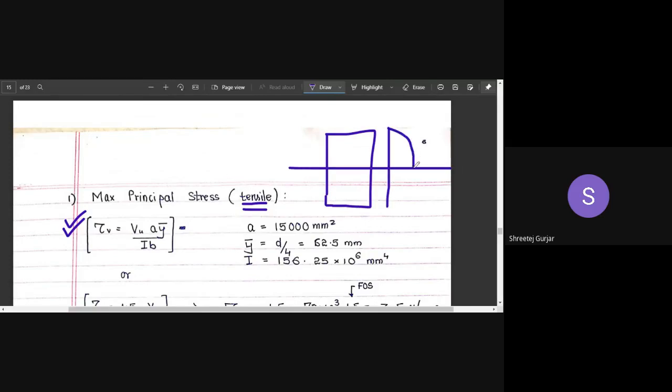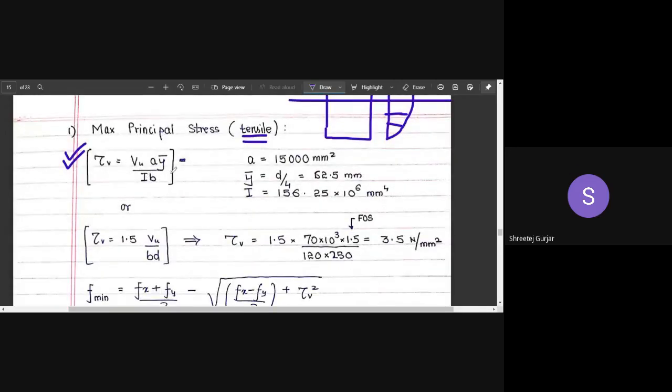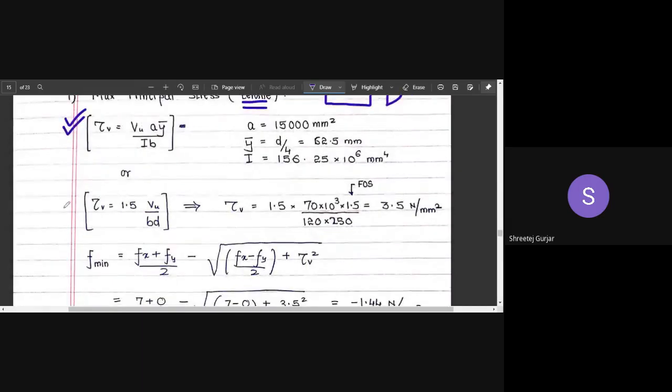So this is your stress distribution. In this format, your stress distribution will be there. This can be found by two formulas. You can use the general formula, VAY by IB, or you can go by a shorter, simpler formula which will give you the same answer: 1.5 VU by BD.